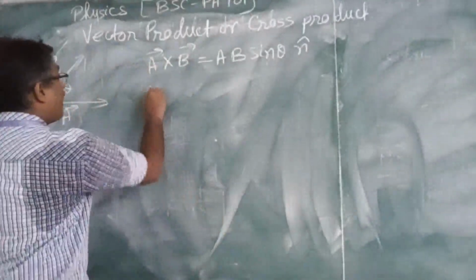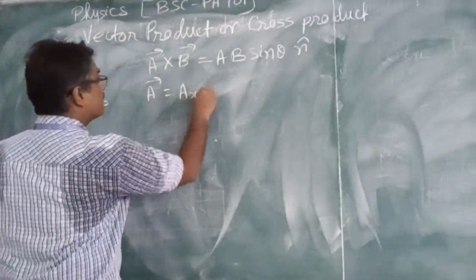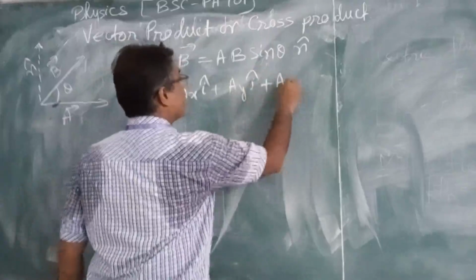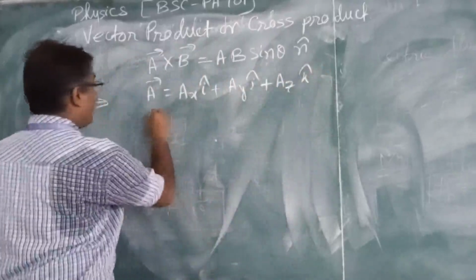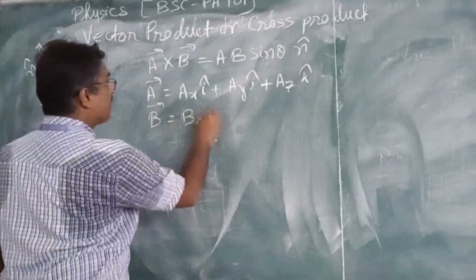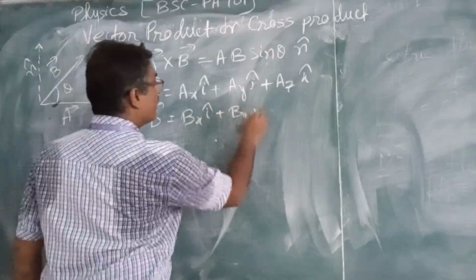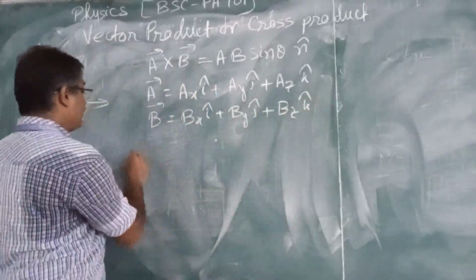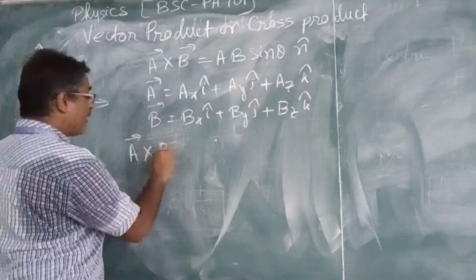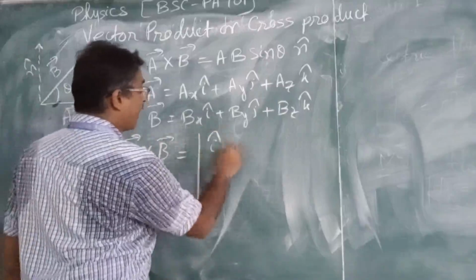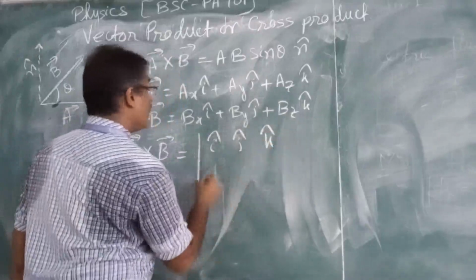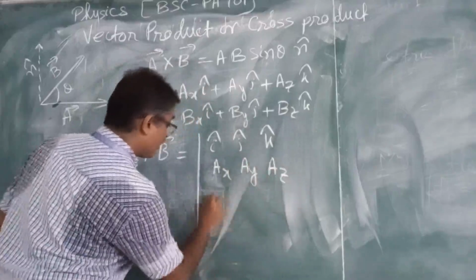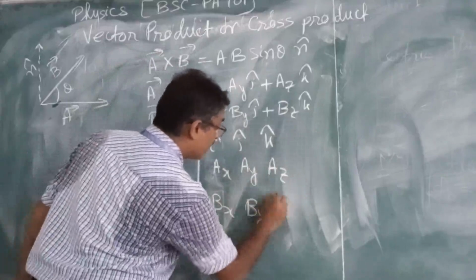If A equals AX i cap plus AY j cap plus AZ k cap and B equals BX i cap plus BY j cap plus BZ k cap, then A cross B equals the determinant with rows i cap j cap k cap, AX AY AZ, BX BY BZ.